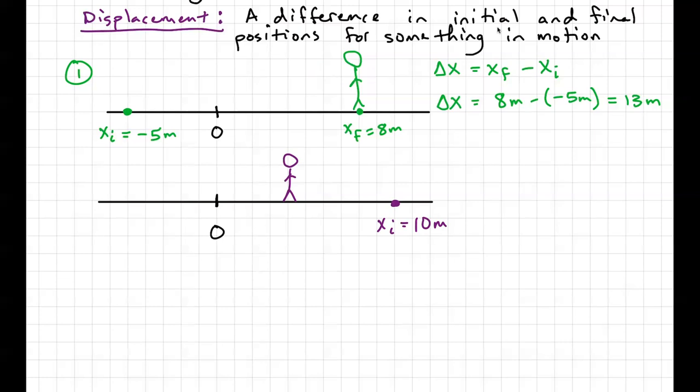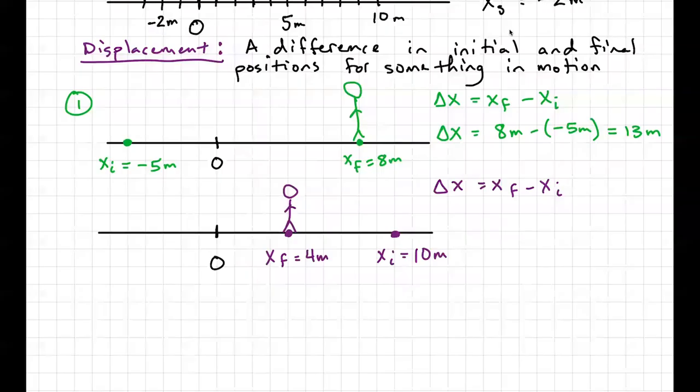So now, if I look at my displacement, it is still the final position minus the initial position. It is always the final position minus the initial position. Okay, so delta x will be, my final position is 4.